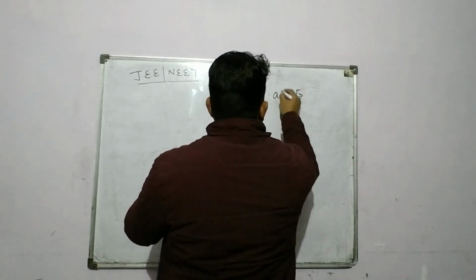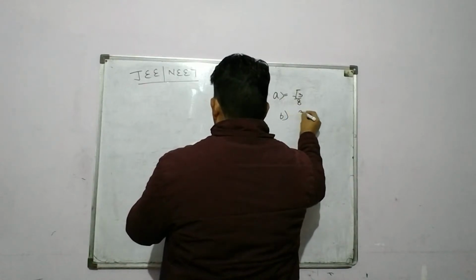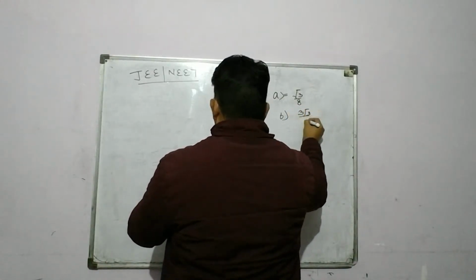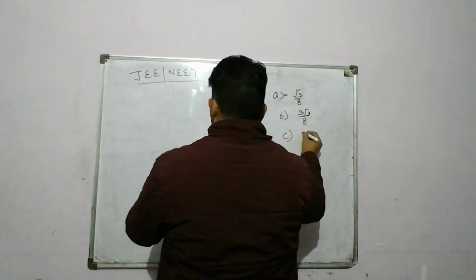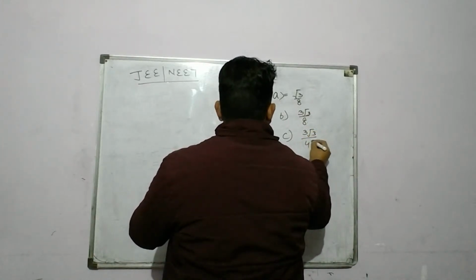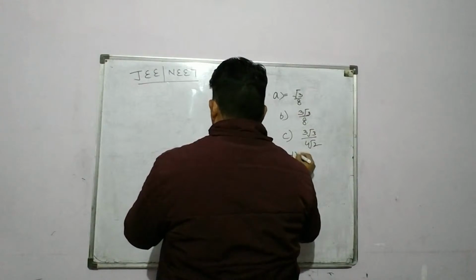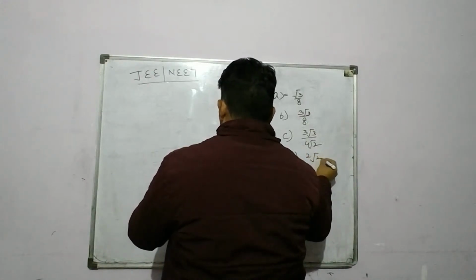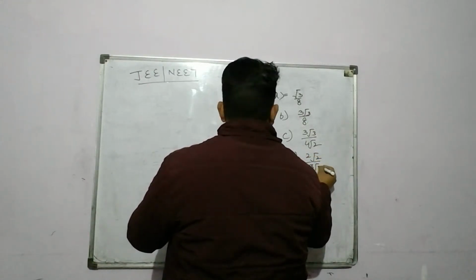B option is 3 under root 3 by 8. C option is 3 under root 3 upon 4 under root 2. And D option is 2 under root 2 upon 3 under root 3.